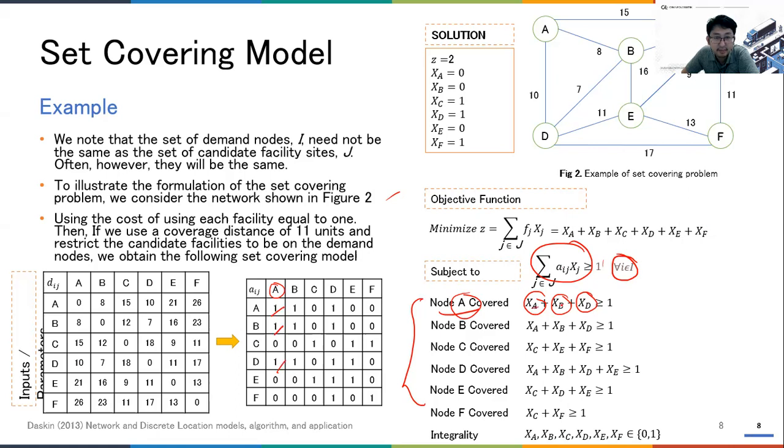So xa plus xb plus xd should be greater than or equal to 1. This makes sure node A is covered. This is how you can understand the formula by breaking it down.